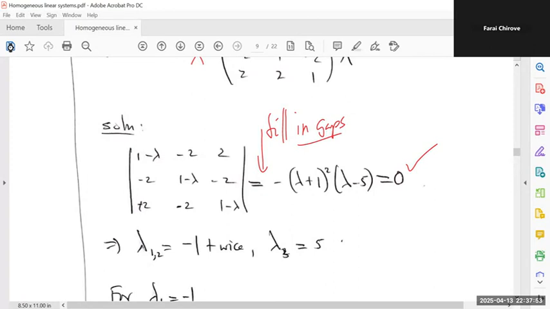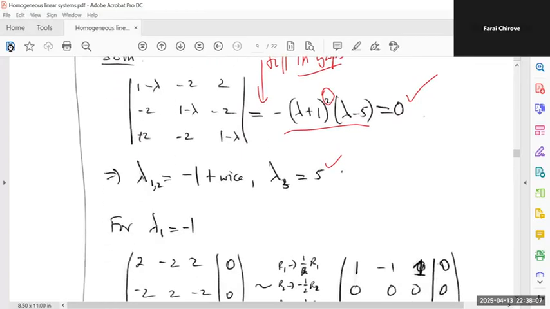So you fill in gaps, you get this characteristic equation, and you can find that lambda is equal to minus 1 is multiplicity 2, and lambda is equal to 5 is multiplicity 1. So we anticipate to find a K3 here, an eigenvector associated with lambda equal to 5. But here we need 2 because m is equal to 2. So we want 2 associated with lambda equal to minus 1.